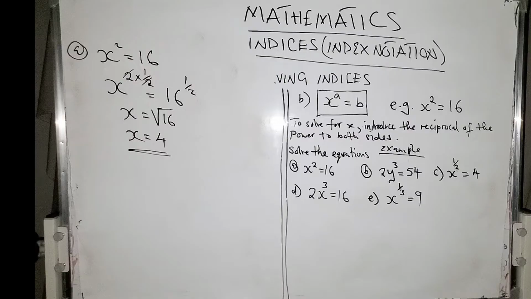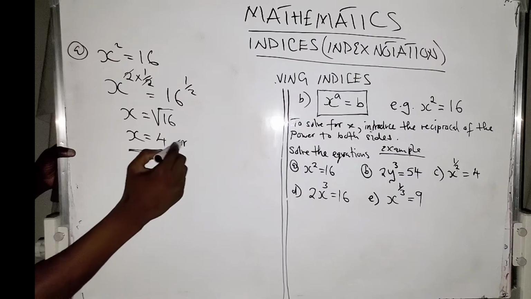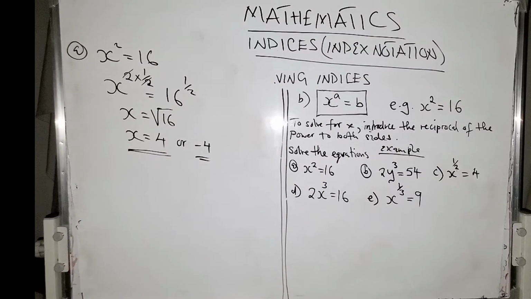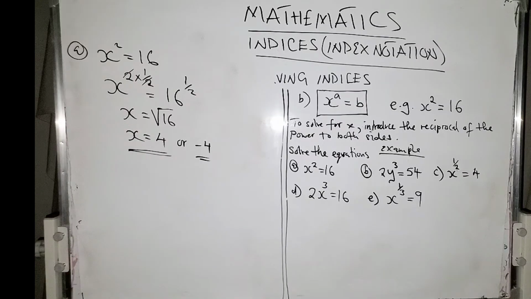Let me give you even 2 options: negative or positive 4 when you square root a number. But when you cube root, you don't have such options. When you square root a number, you have 2 options, positive or negative. Exactly.